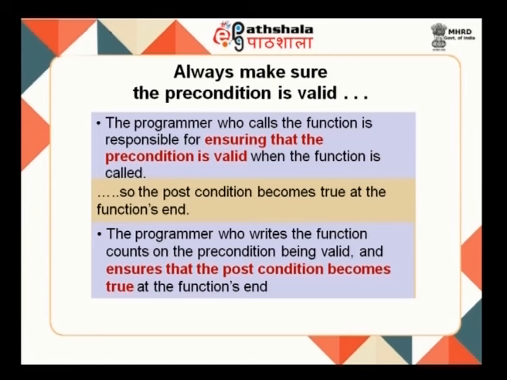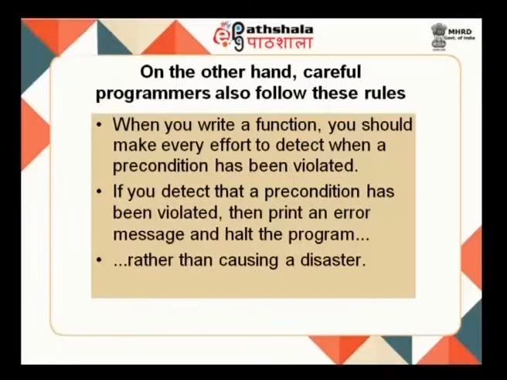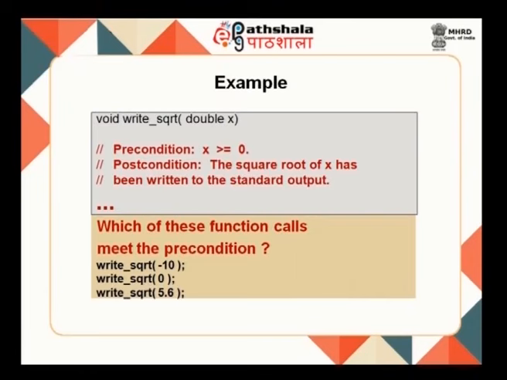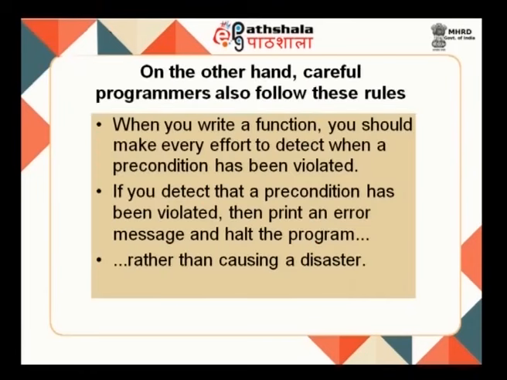So, the programmer who calls the function should see that the precondition is satisfied, and the programmer who is writing the function should ensure that, given the precondition is valid, the postcondition becomes true at the function's end. This is one of the basic rules of writing a program, but careful programmers also follow additional rules. What are the additional rules that they follow?